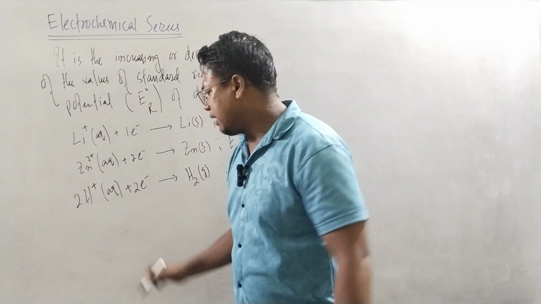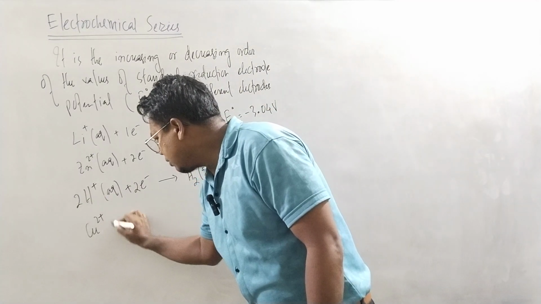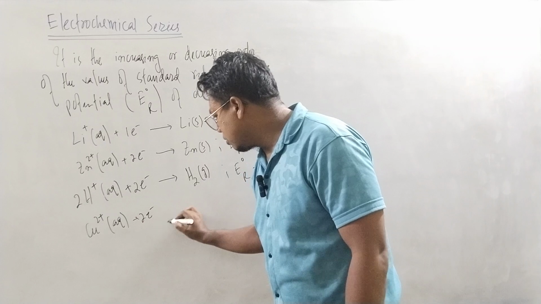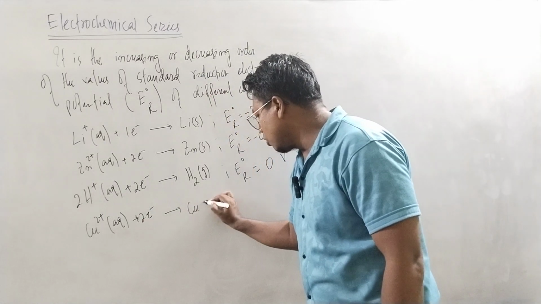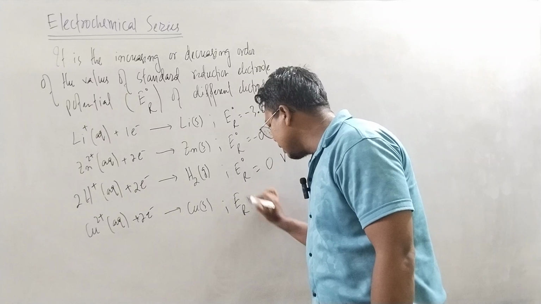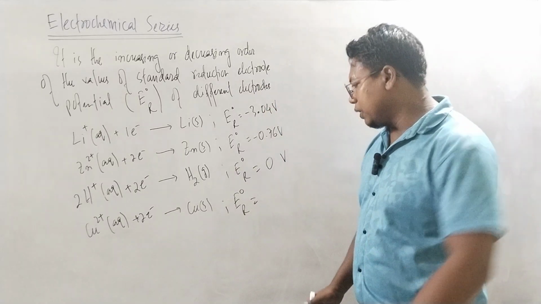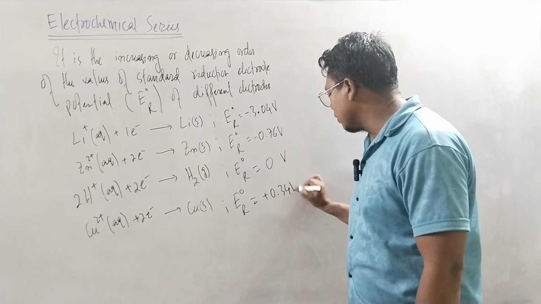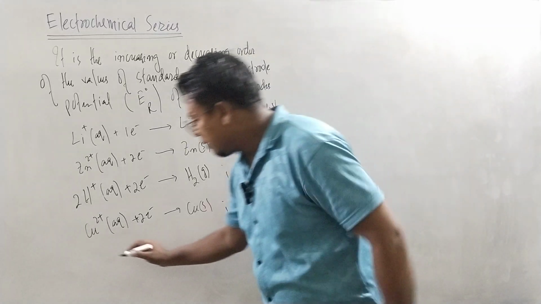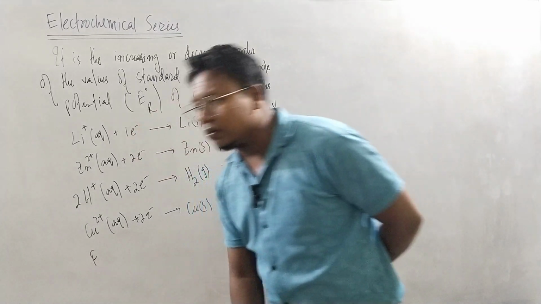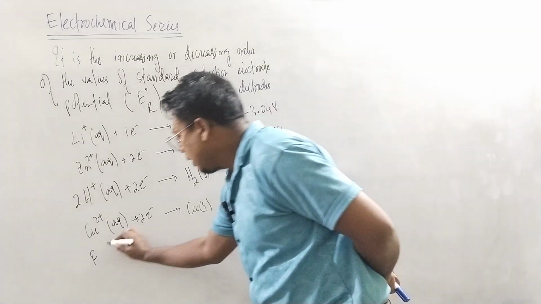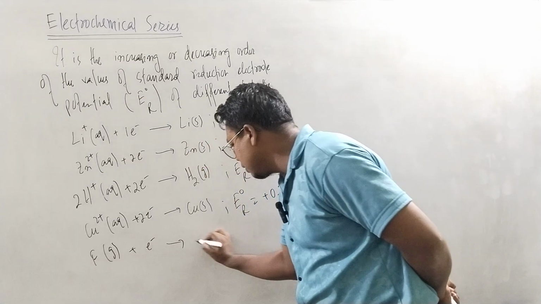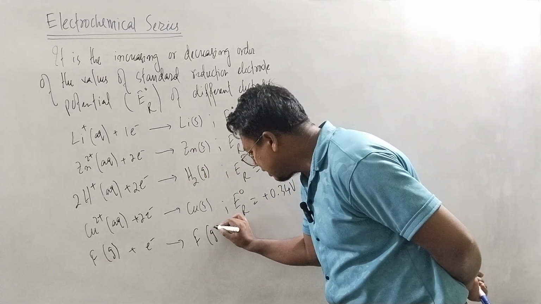Now after this hydrogen electrode, let me write the copper electrode reaction. Copper 2 plus aqueous gains 2 electrons to form copper solid, and the reduction electrode potential value of the copper electrode is plus 0.34 volt, right? And lastly, let me write the electrode reaction of the fluorine electrode. F gas, fluorine, gains 1 electron to form fluorine in the gaseous state.